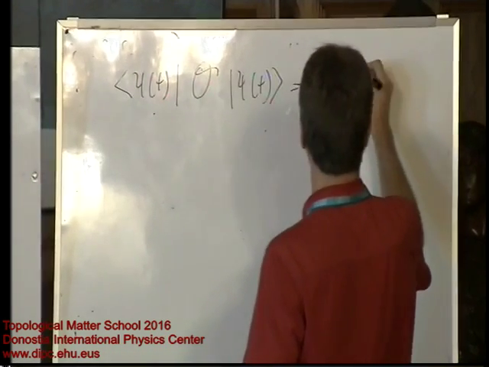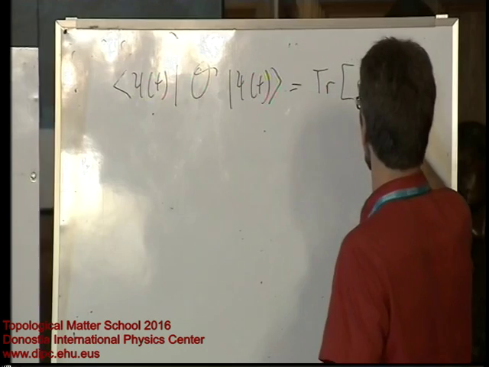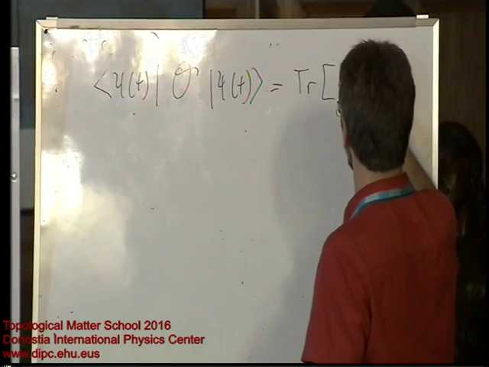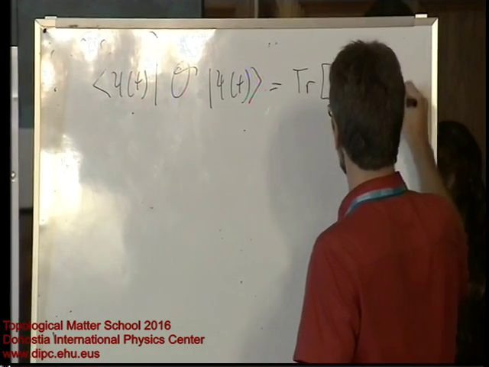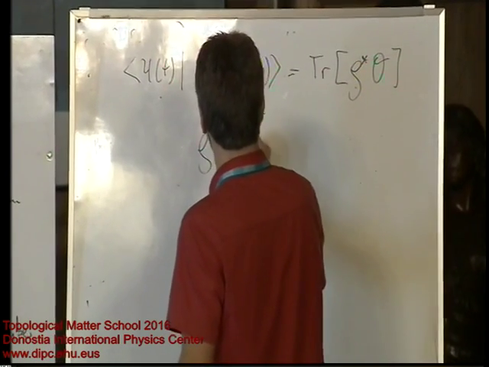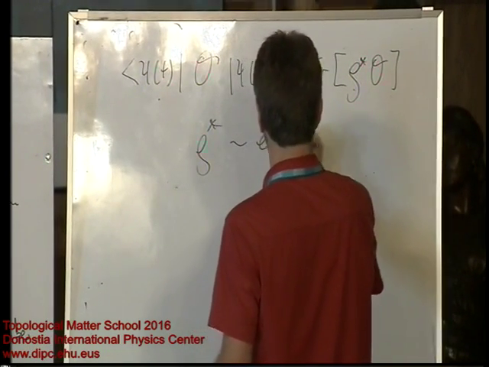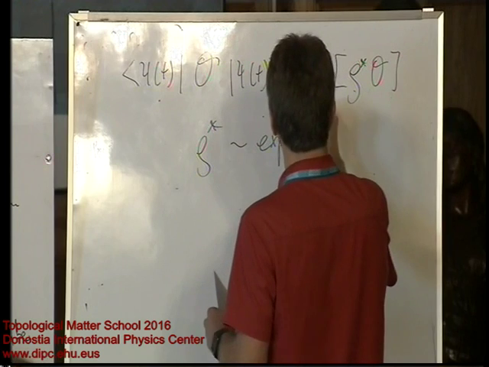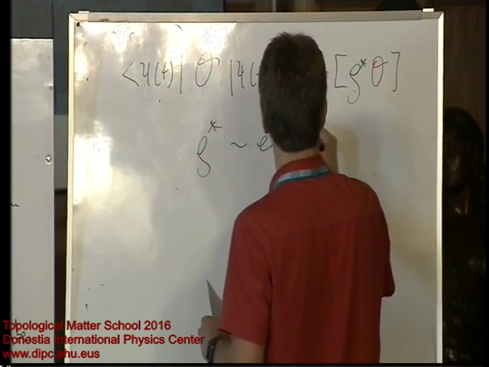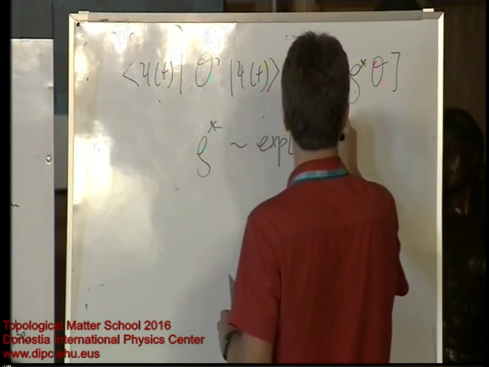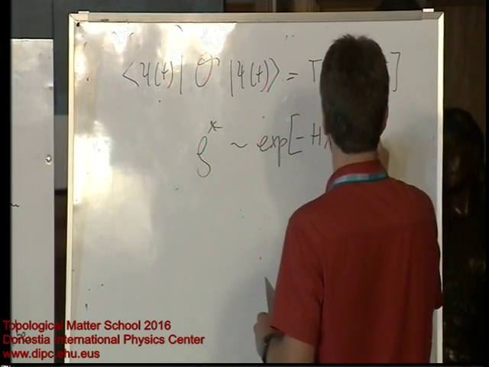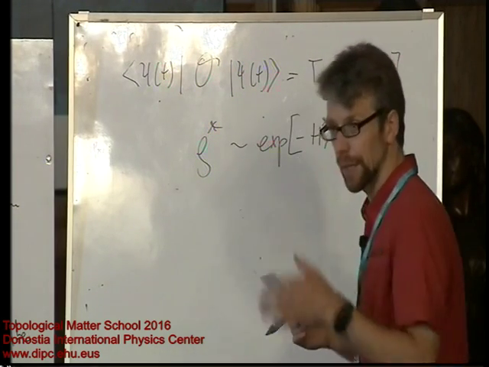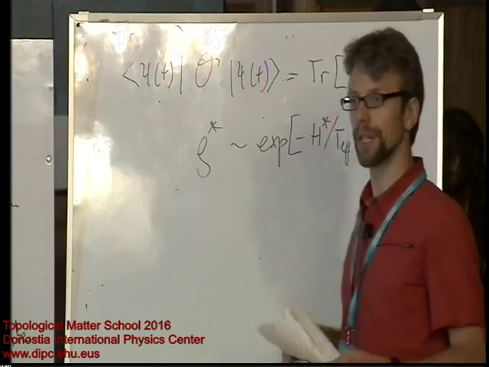So that means that I can compute them as the trace over some density matrix, let me call rho star, times O, where rho star is proportional to the exponential of this h star over some effective temperature. And this effective temperature is given by the energy density of the initial state.